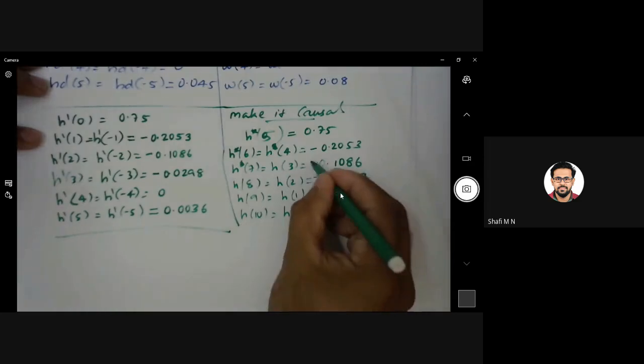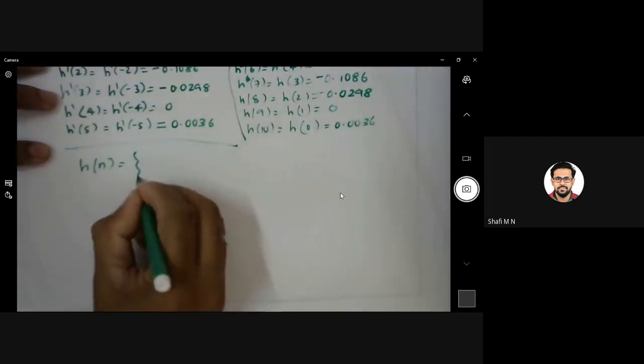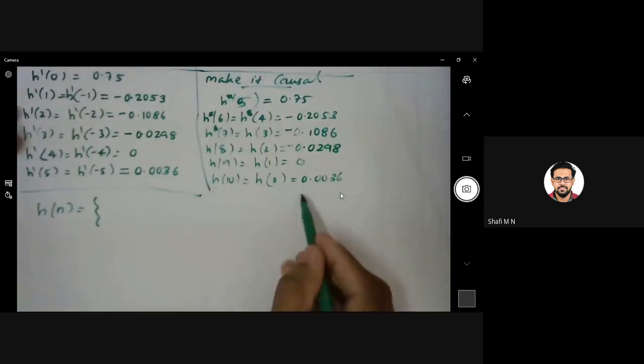So now let's try to consolidate the impulse response. So h of 0, start here.